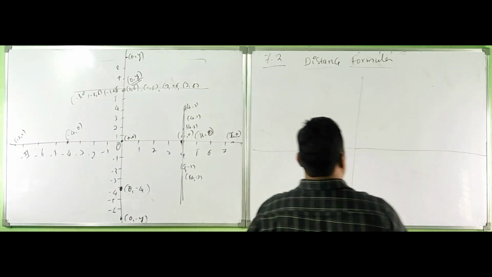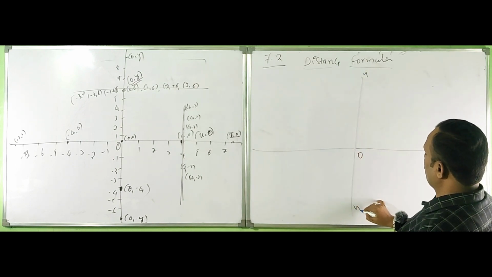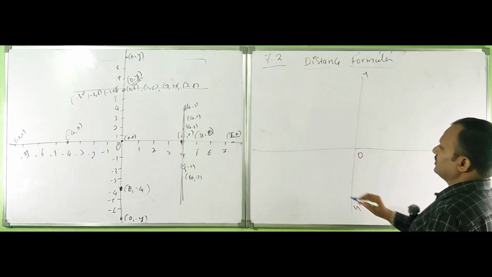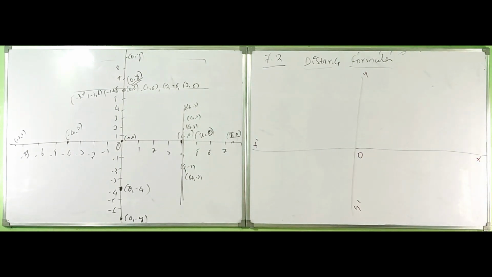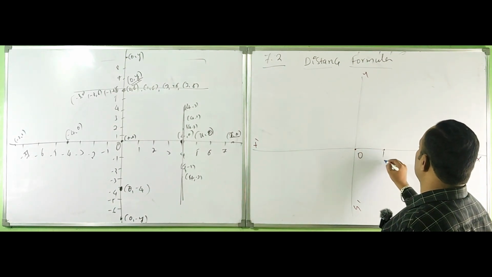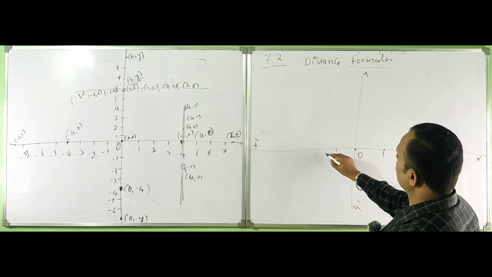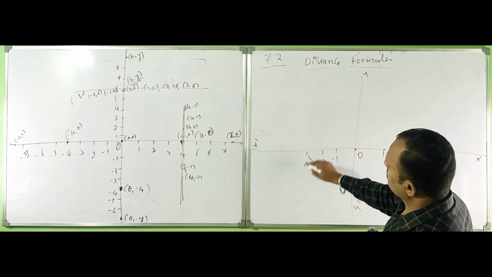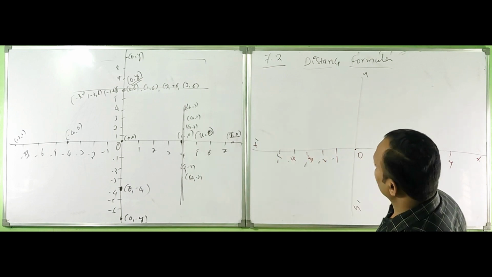This is y, this is y dash, this is x, this is x dash, right? So if I have to find the distance between these, this is 1, this is 2, this is 3, this is 4, and this is minus 1, minus 2, minus 3, minus 4, minus 5.